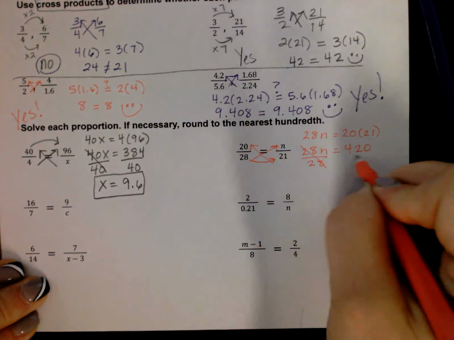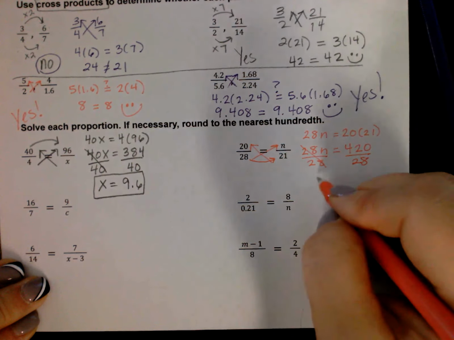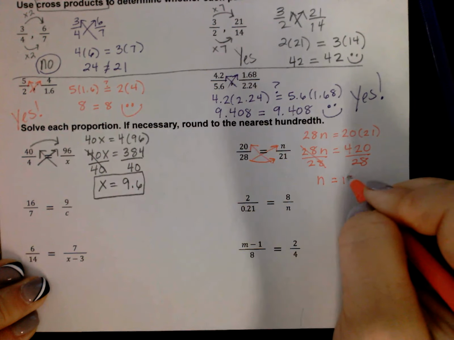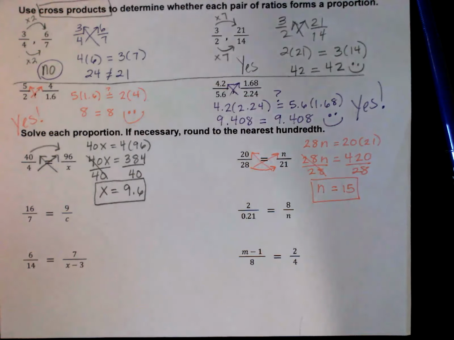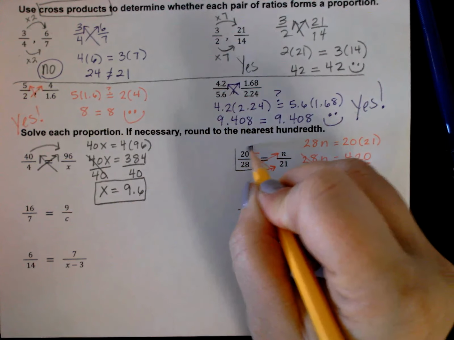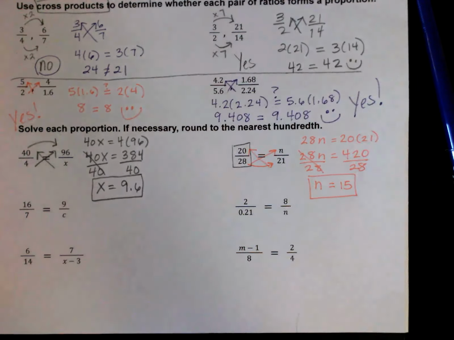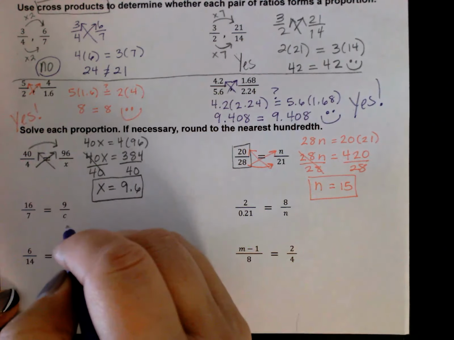Divide. n equals 15. Now, as I was working my way through this problem, it dawned on me I could have simplified this equation and then moved forward from there. But sometimes I get into solving equations and just become an equation solving robot instead of thinking for a minute first. Okay, let's try the next one.